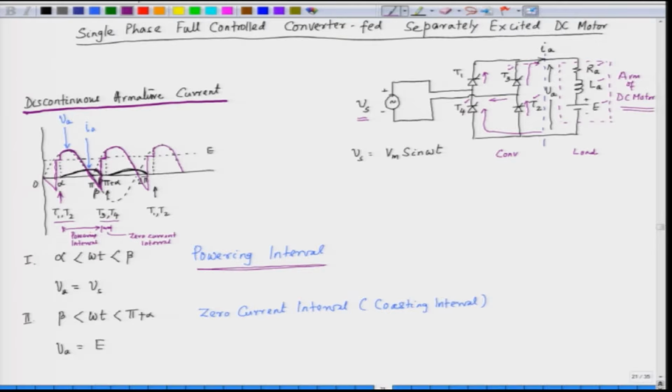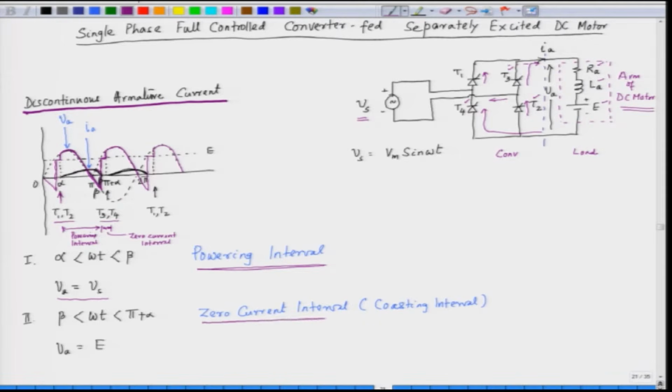In that case the armature voltage is the same as the source voltage, and the current starts from 0 and builds up. Even after omega t equal to pi, when the voltage becomes negative, it still conducts, but the current decreases because the supply voltage is negative. The current becomes 0 at omega t equal to beta, and this interval stops there. Then from omega t equal to beta to pi plus alpha, we have the zero current interval.